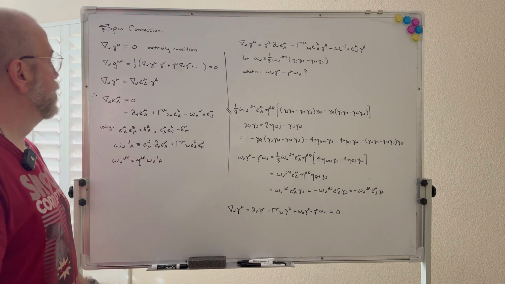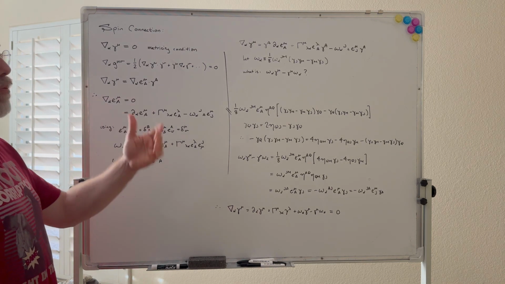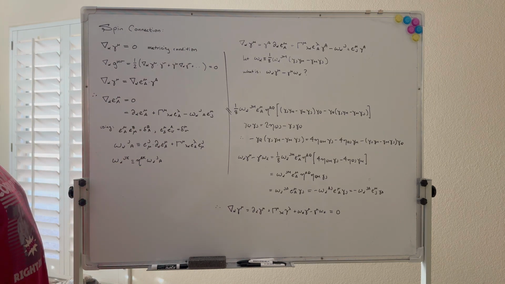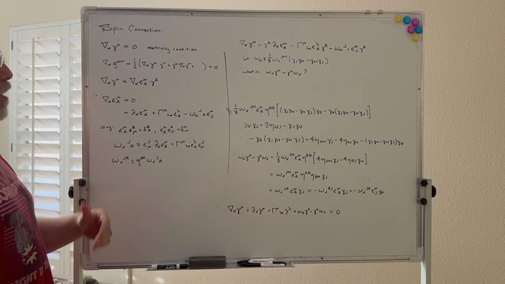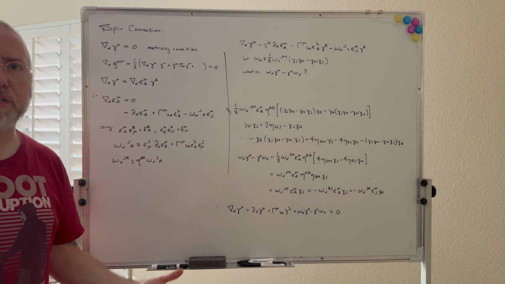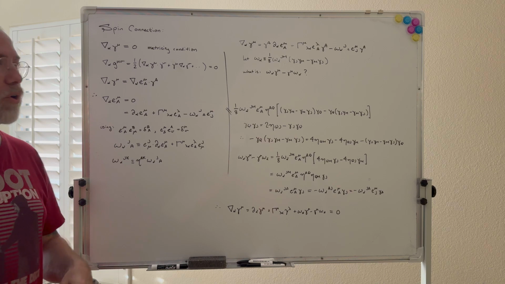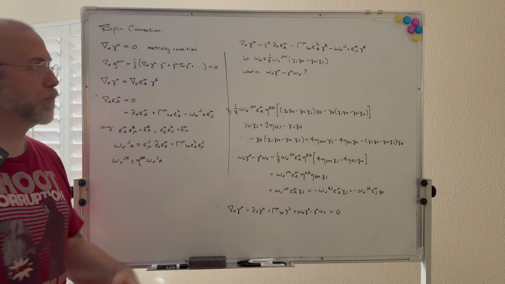Okay? So, spin connection. Where does it come from? There are lots of ways to formulate this, but this is just a quick one so you can see. I figured it would be smarter to write all this out as opposed to drawing it while we're going, to keep this shorter.